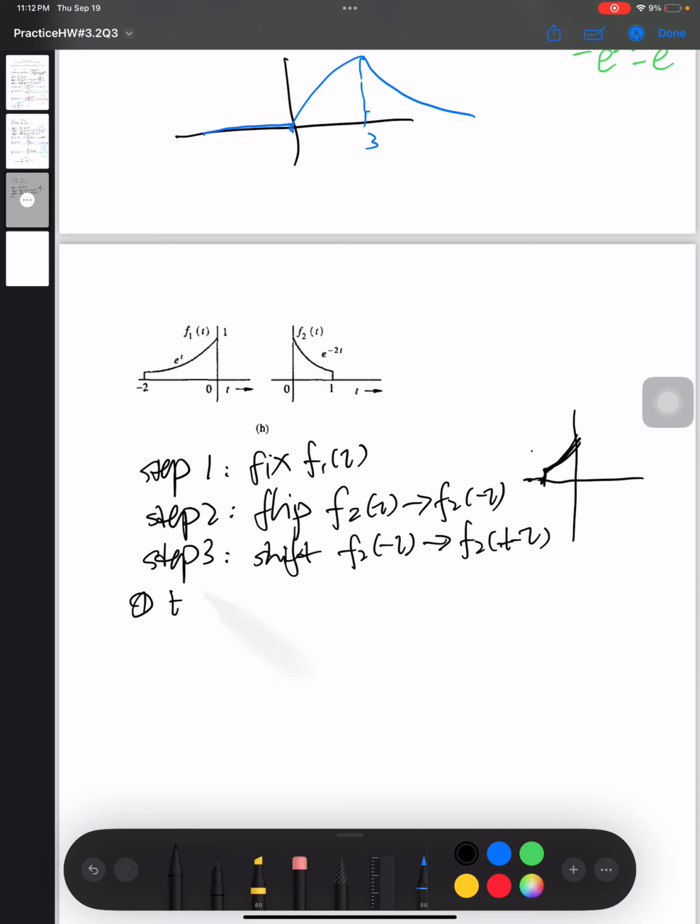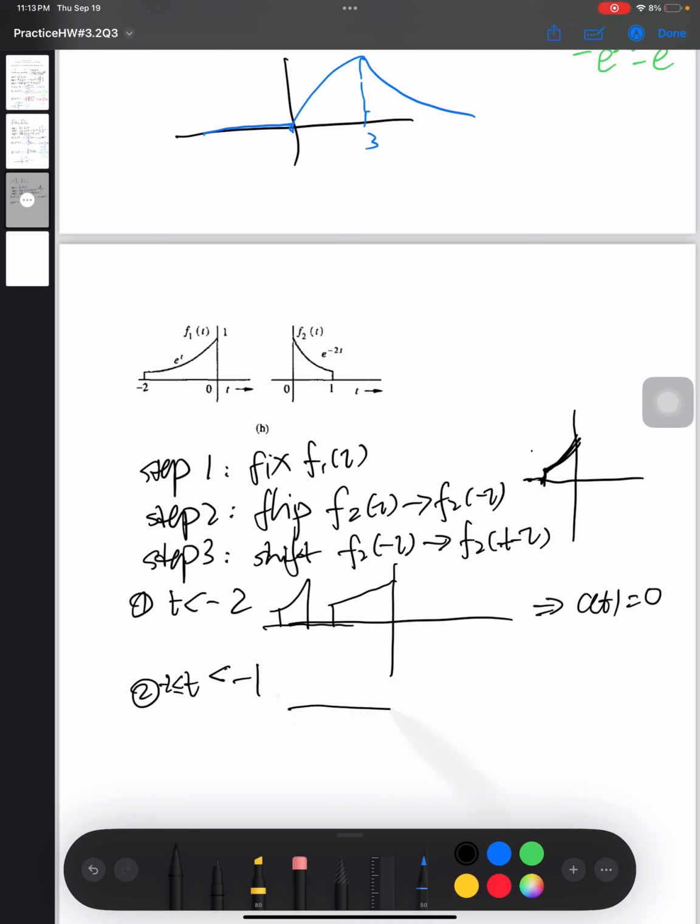When t is smaller than minus 2, the plot is going to look like this. So there's no overlap at all. So c(t) equals 0. For t larger than or equal to minus 2 and smaller than minus 1, there will be overlap between these two.